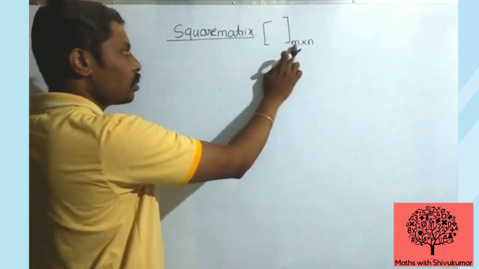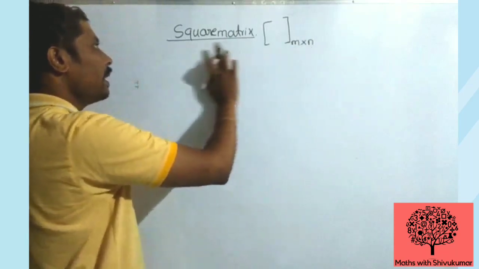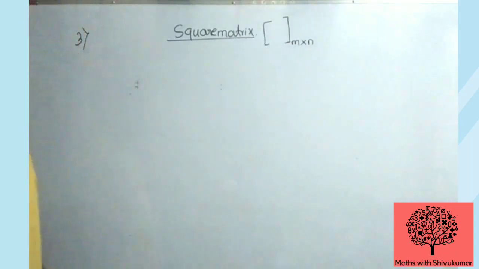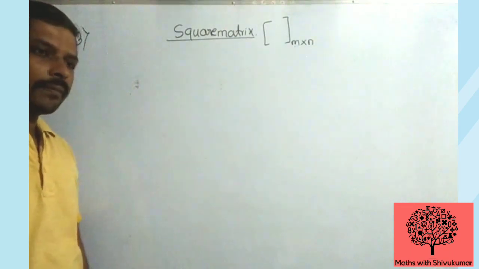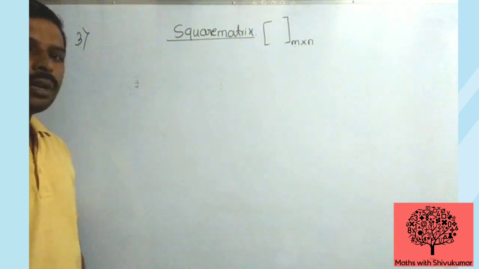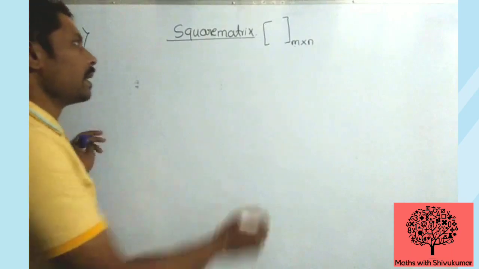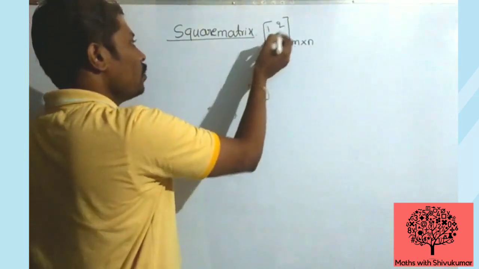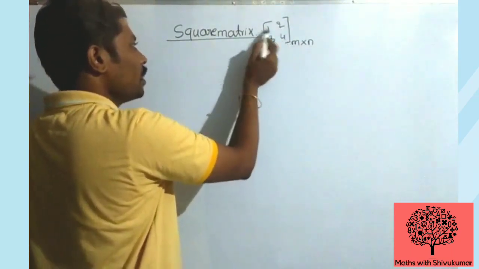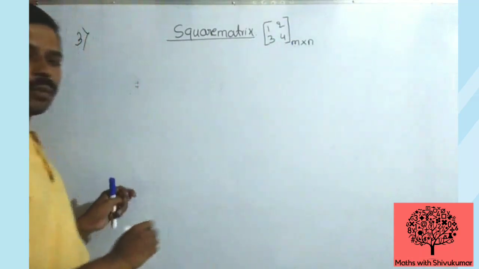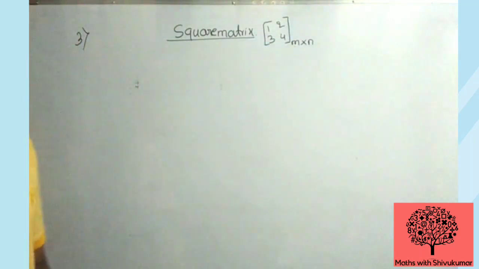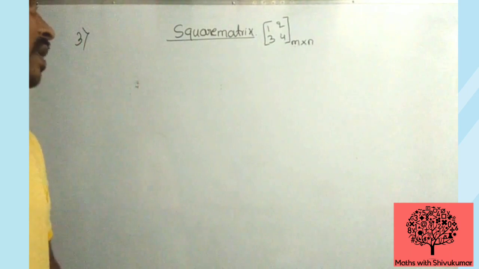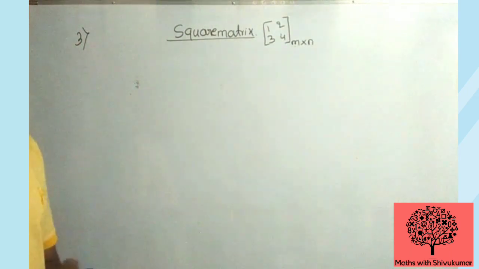If number of rows is equal to number of columns, then that type of matrix is called which matrix? Square matrix. We can see the example: 1, 2, 3, 4. See here, number of rows is equal to number of columns. Therefore, this type of matrix is nothing but square matrix. That is the first definition.